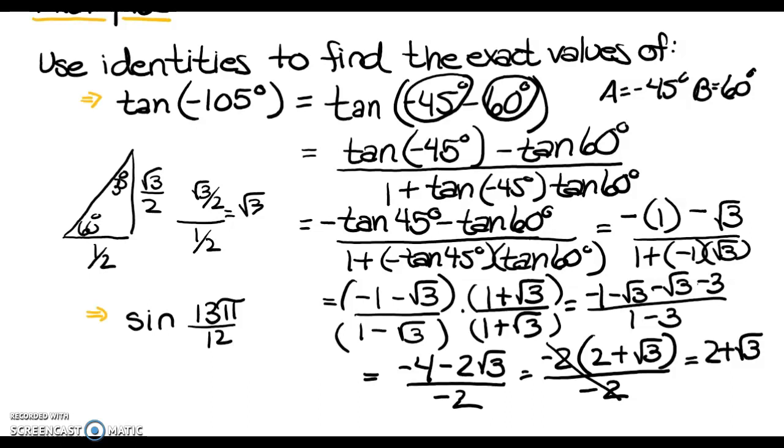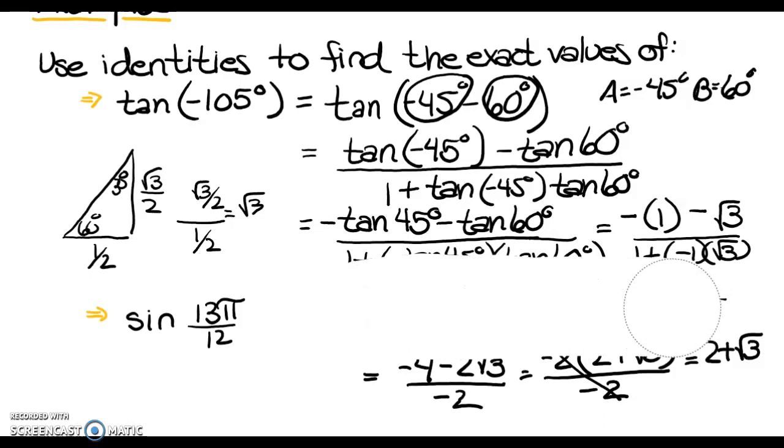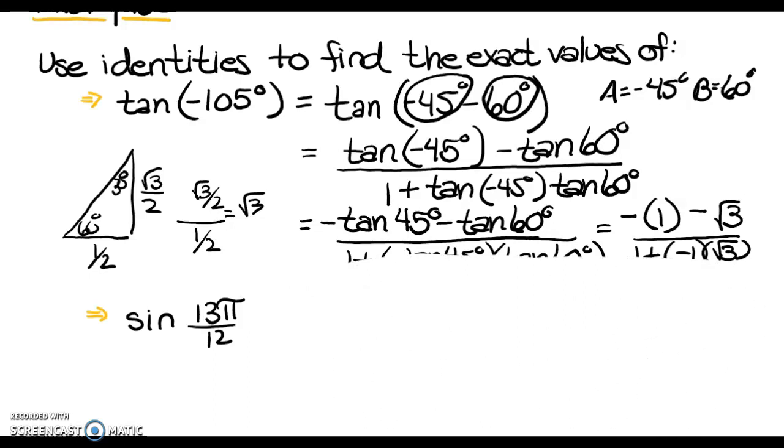So I'm going to erase the last couple of lines so I can get my next problem in. Now it says I need to find the sine of 13 pi over 12. I have to find two angles that add up to 13 pi over 12, and I don't necessarily know what those angles are, so I'll try a couple.